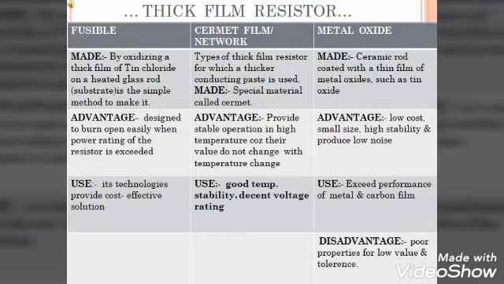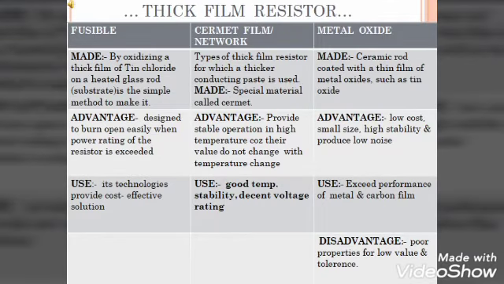Now, as there were two types, fixed and variable resistors, further the thick film resistors and thin film resistors are also subdivided. Let's talk about thick film first. What is a fusible thick film resistor? Its technology allows high resistance values to be printed on a cylindrical or flat substrate, either covered entirely or in various patterns.